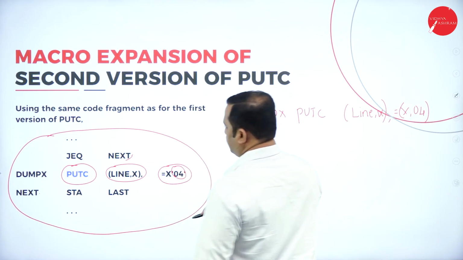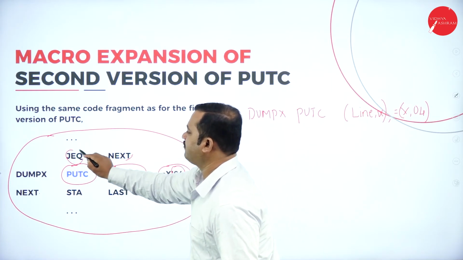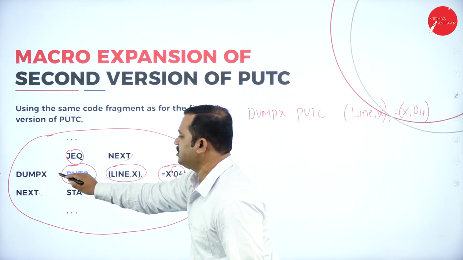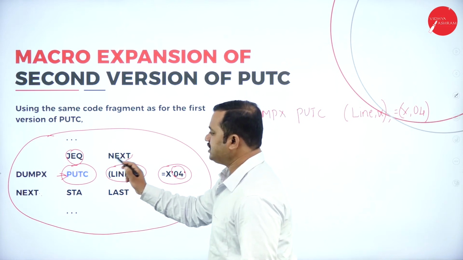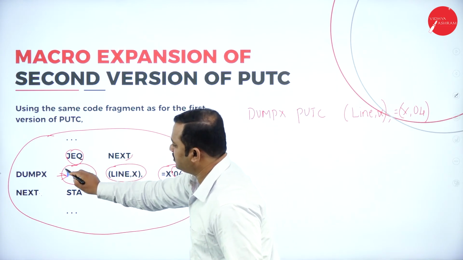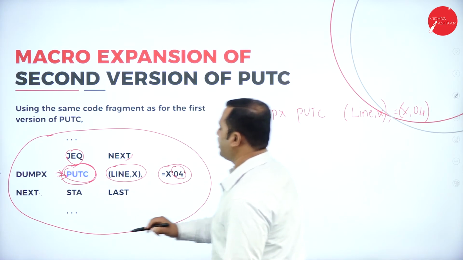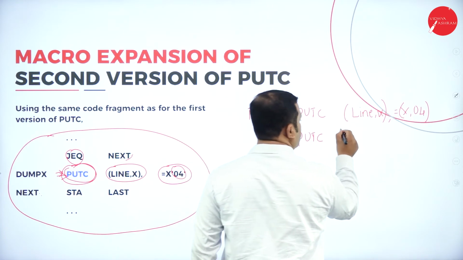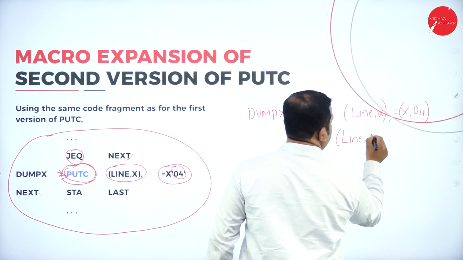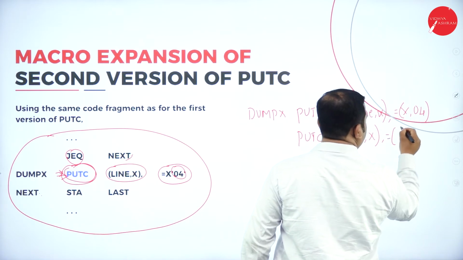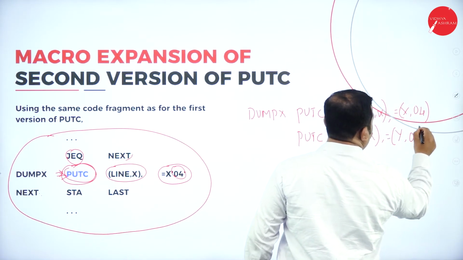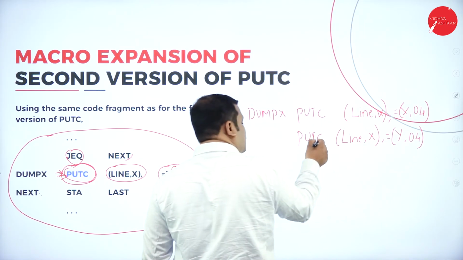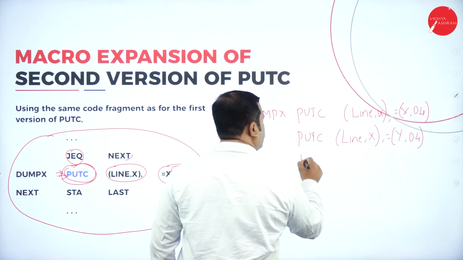If I call the same function and it is equal, it goes to next, that is, it skips the execution of this statement. Otherwise, it has to invoke once again the same set of statements. Again, the PUTC must be placed here. PUTC function call, that is line, comma X is equal to Y, comma 04. Y is the character going to be read from the same device 04. Again, if it is not equal, once again the same macro definition is to be invoked.